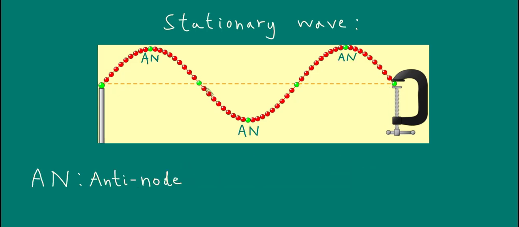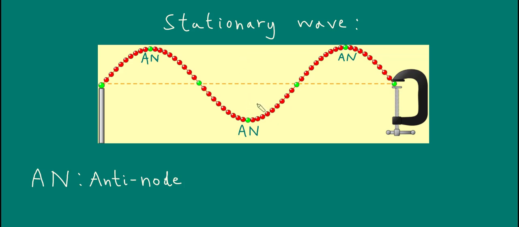Now, in contrast to nodes, all the particles that lie in between two consecutive nodes, so I'm referring to all these particles here in this loop, all these red ones and this green one here, you might recall from the simulation are certainly not motionless. They're all vibrating or oscillating up and down.